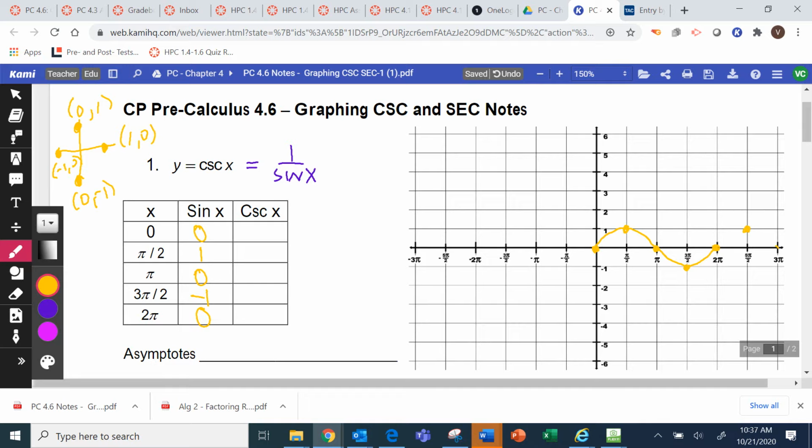Then in the middle, and from here, on the other side, I was just at a mountain, so I'm going to go to a valley, middle, mountain, middle, valley. Connect with a smooth, relaxing curve.